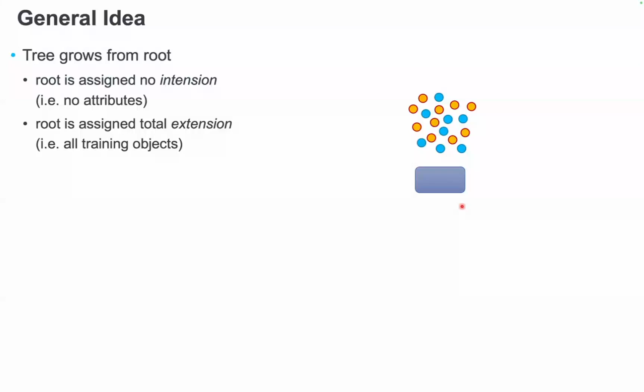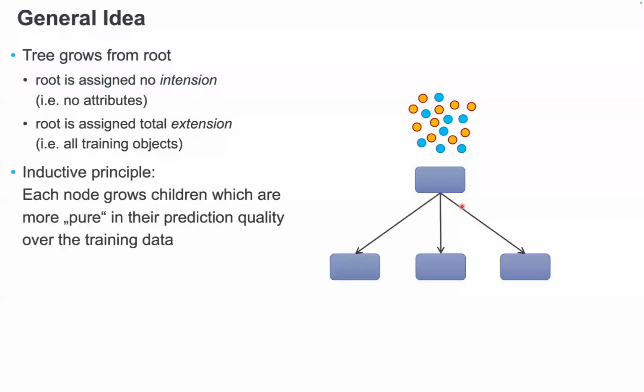And now I look at this total extension. I look at all these training objects. And the inductive principle is that I check which attribute is best suited in order to split this extension in a way that's most beneficial.